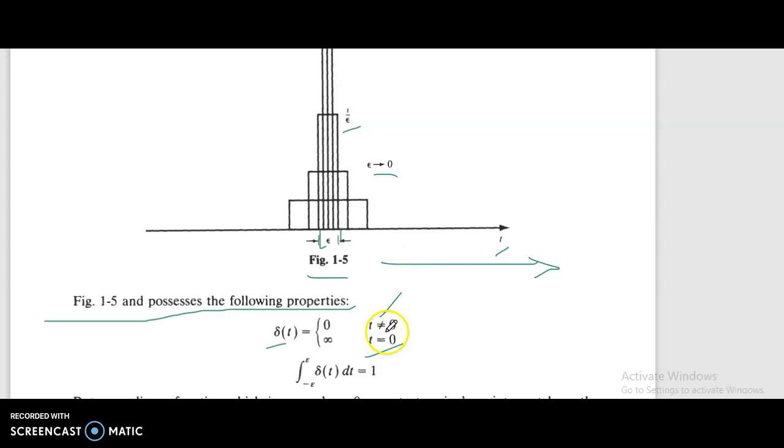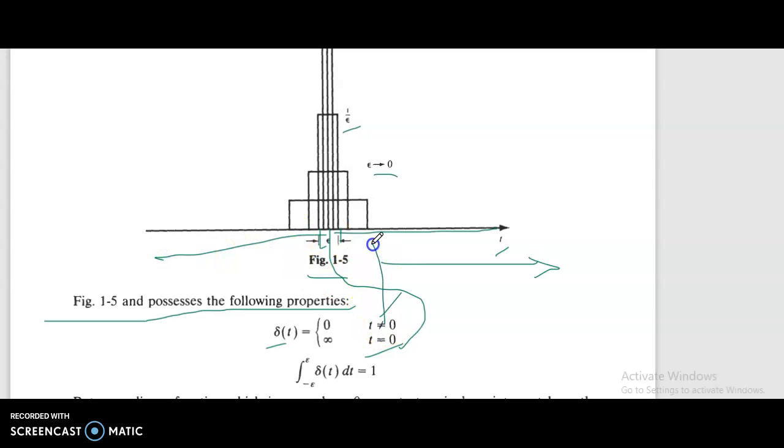Here t not equal to 0 means only at t equal to 0, the remaining part is not 0.